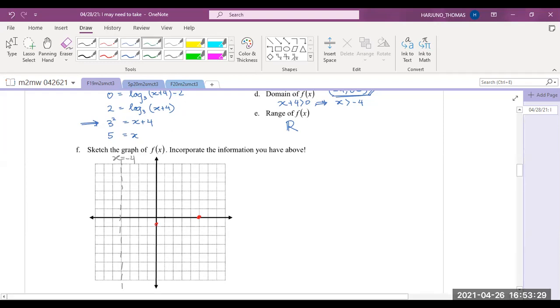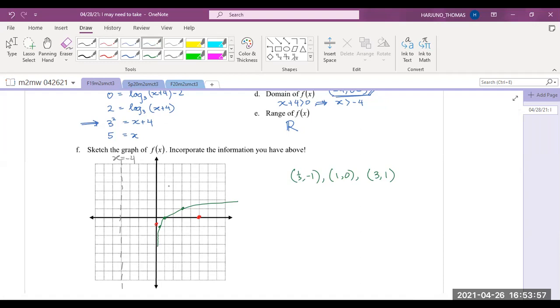Log base 3 has these important coordinates. This is log base 3. The coordinates are (1, 0), (3, 1), (1/3, negative 1). Now then, use this to move accordingly.